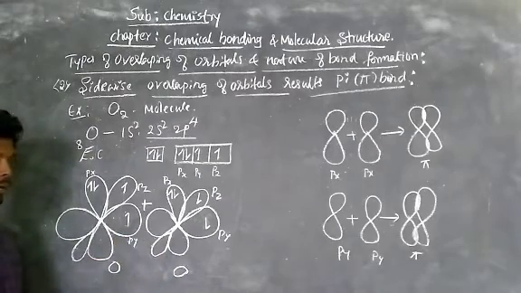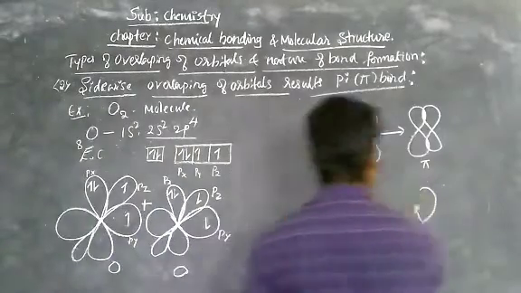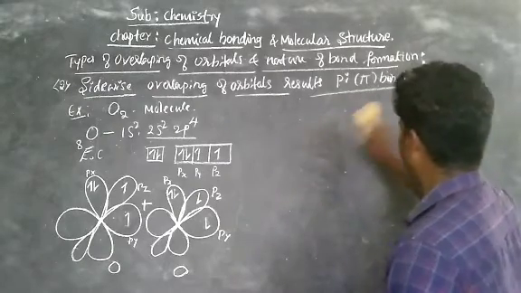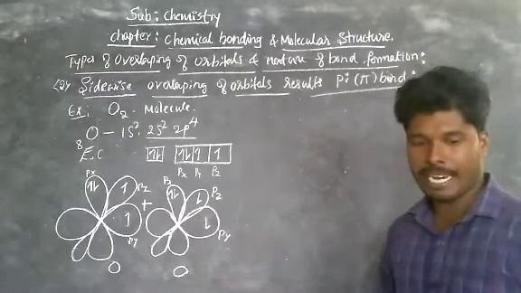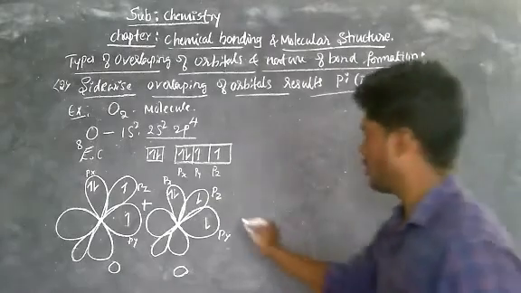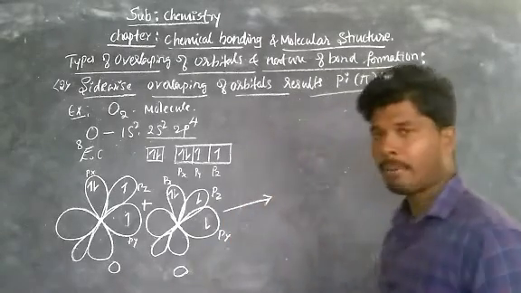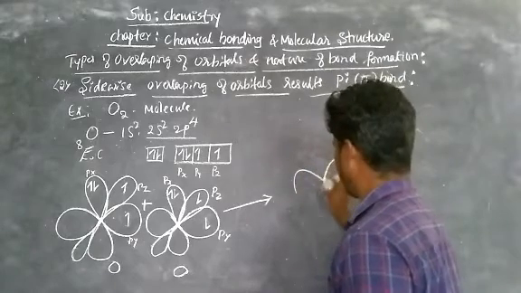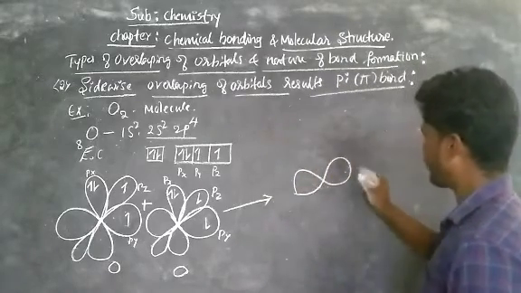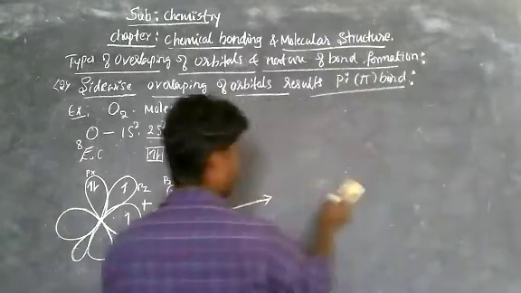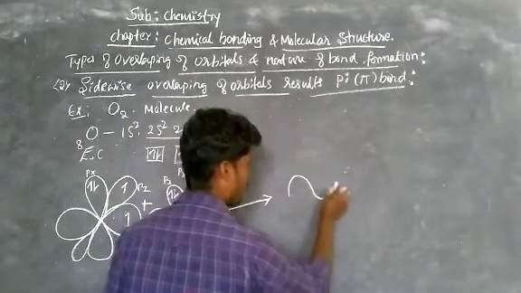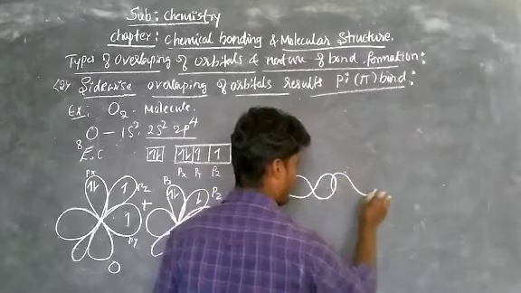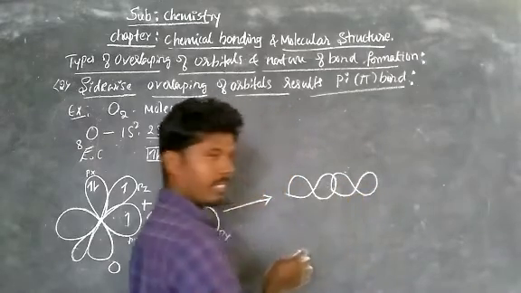This is the 2 oxygen atoms. These start to overlap. Now observe how they are overlapping, side by side. These two start to overlap. Now write x orbital, one.